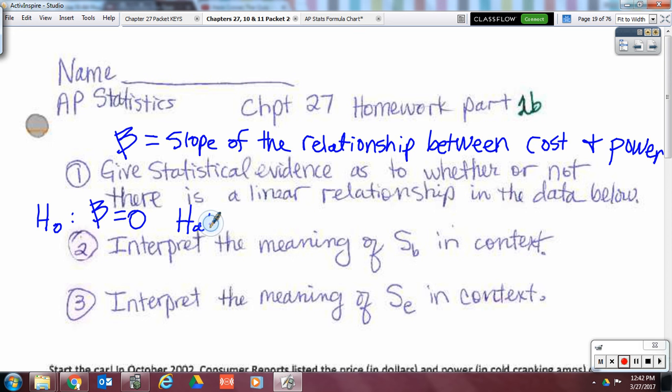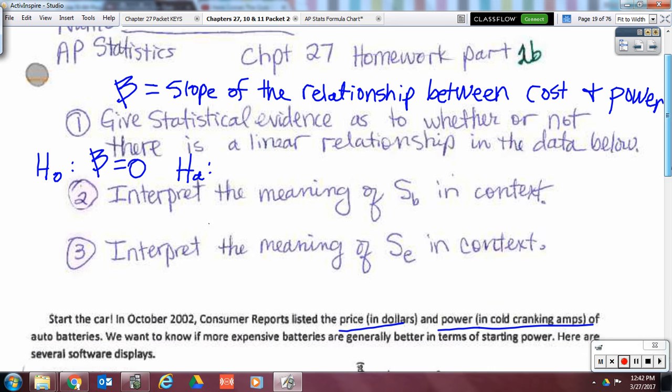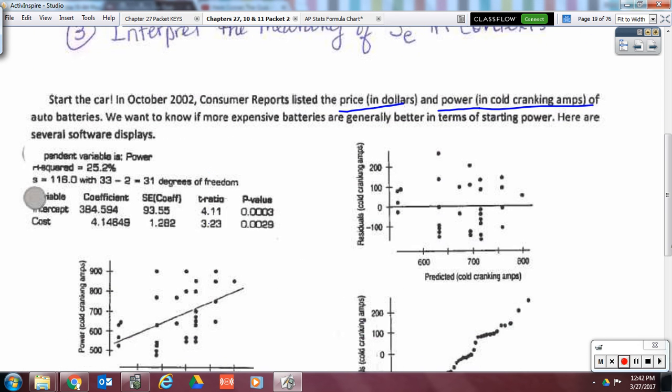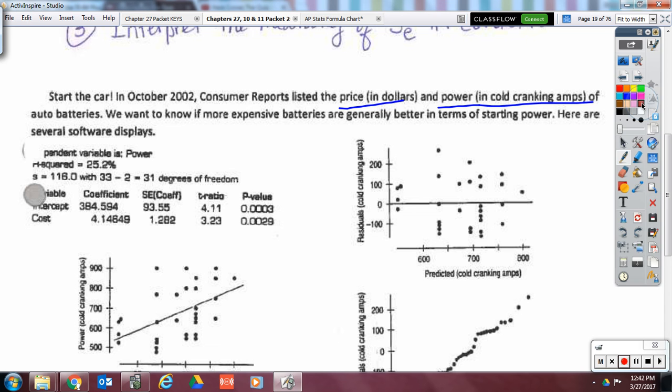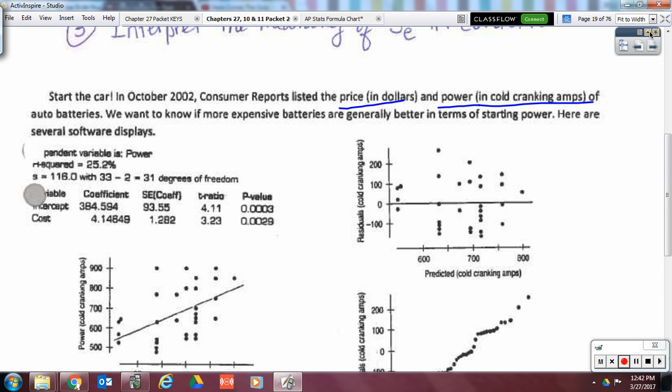Alternative hypothesis. First period, somebody blurted out beta is not equal to 0, and then somebody said, wait a second, we want to know if more expensive batteries are related with a higher starting power, better starting power.